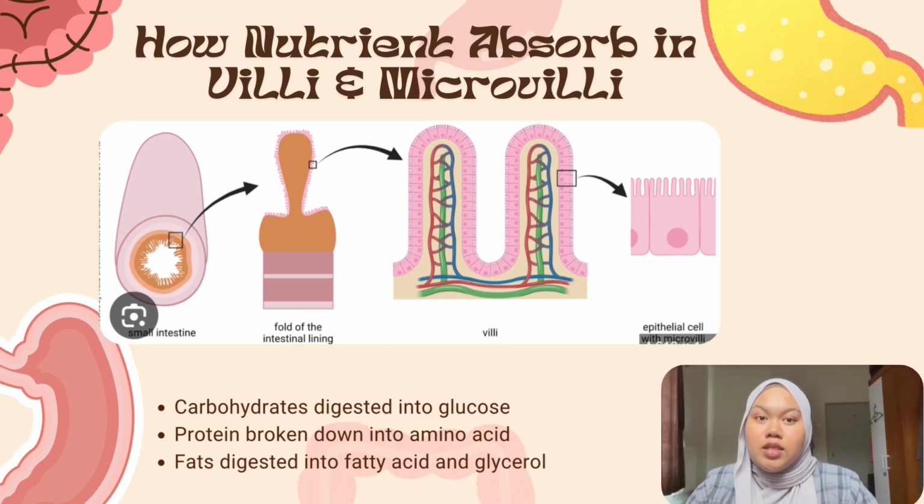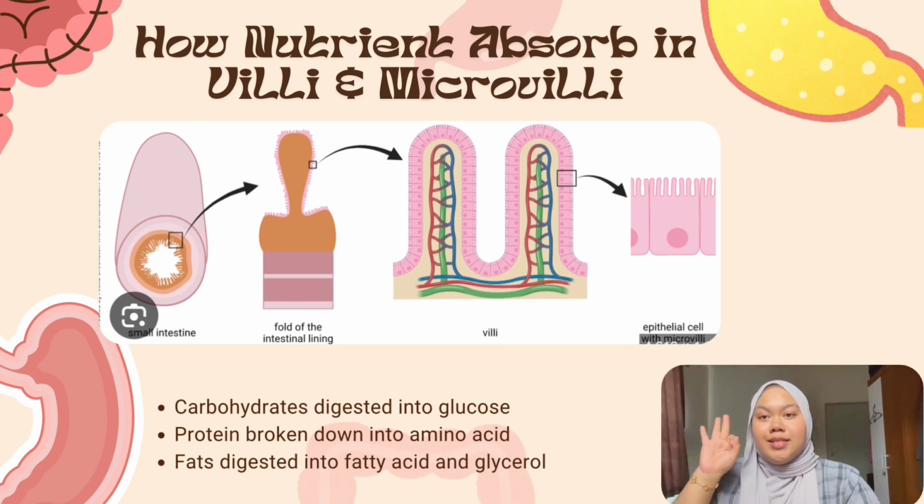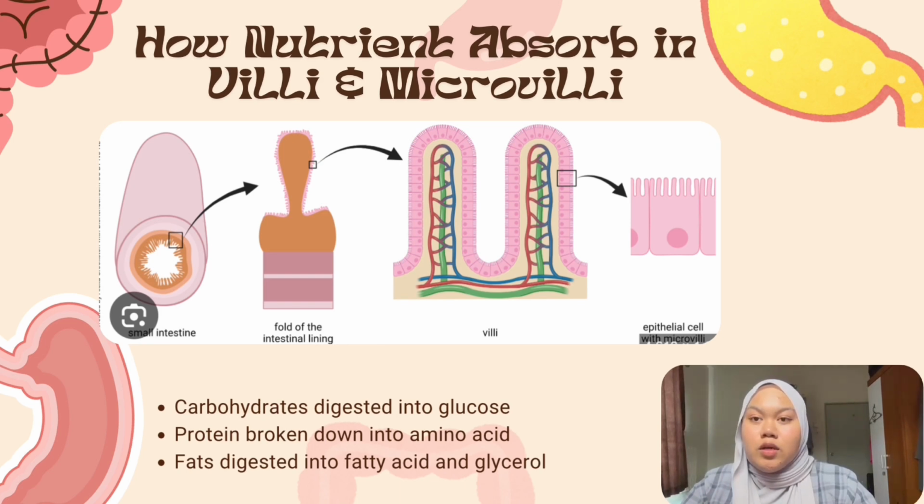Proteins are broken down into amino acids. These amino acids are absorbed through the villi by active transport and then enter the blood capillaries. The third one is fat. Fats are digested into fatty acids and glycerol. They enter the epithelial cells in the villi, are reassembled into fat, and then absorbed into the lacteal.